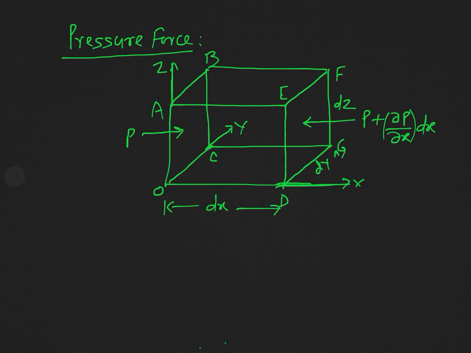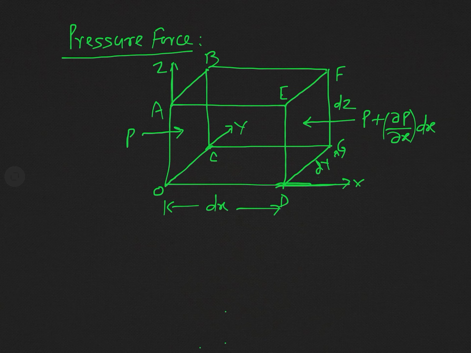And for simplicity I have just taken the origin of the coordinate system at one of the corners of this parallelepiped, at point O. And here are three coordinate axes, x-axis, y-axis and z-axis, as you are seeing in this figure.